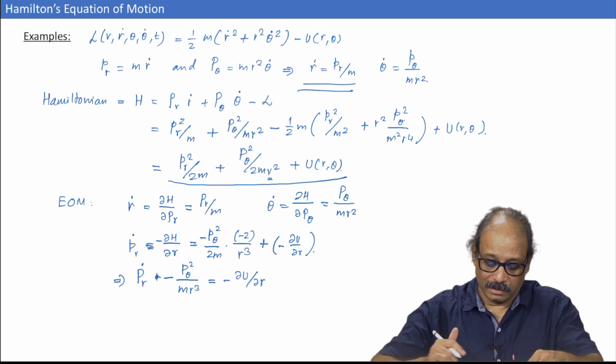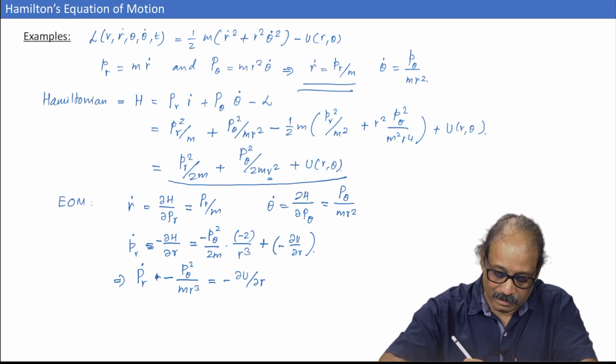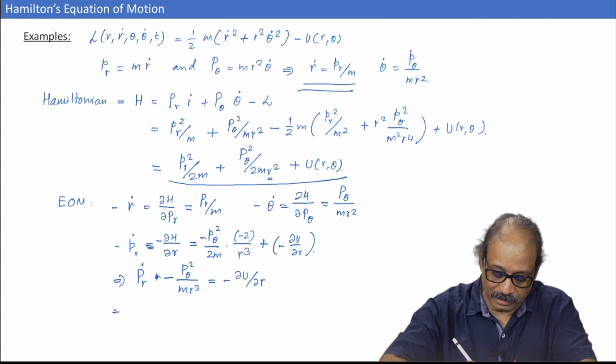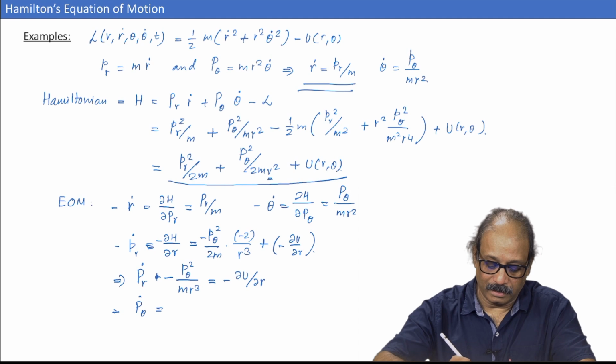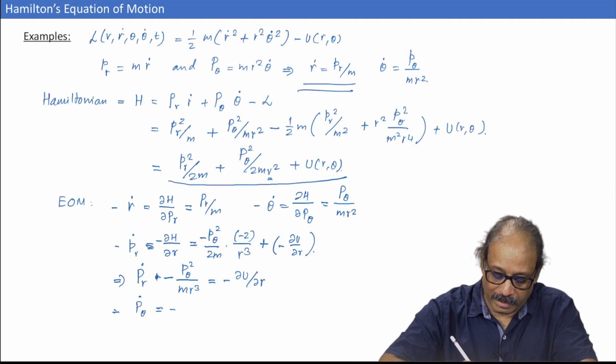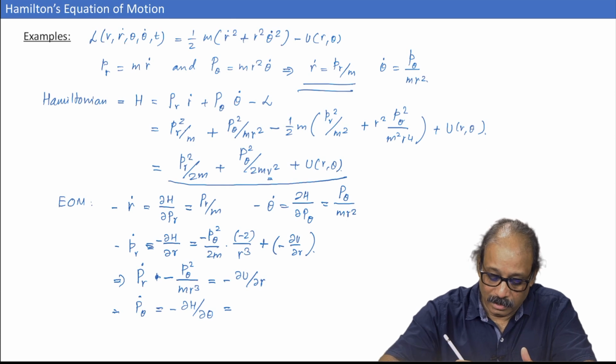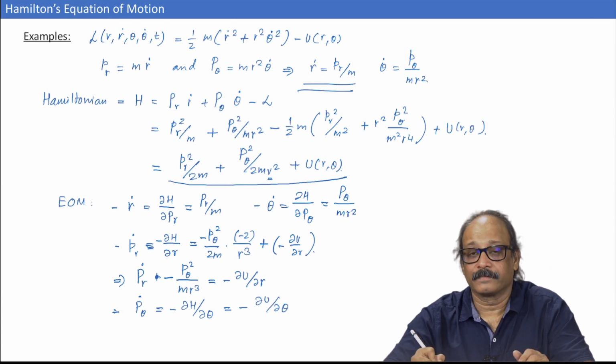And similarly, we can obtain the final equation, so this is equation number 1, 2, 3, and the final equation, which is p_theta dot will be equal to minus del H by del theta, and in this case of course theta only appears in u. So, that will be equal to minus del u by del theta. Okay.